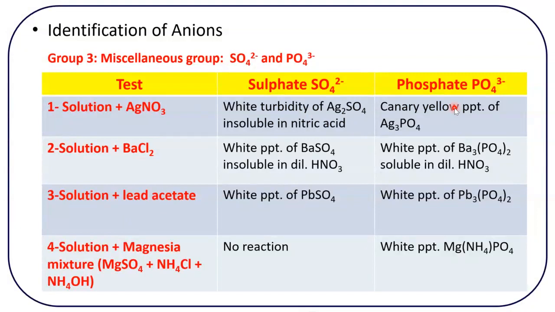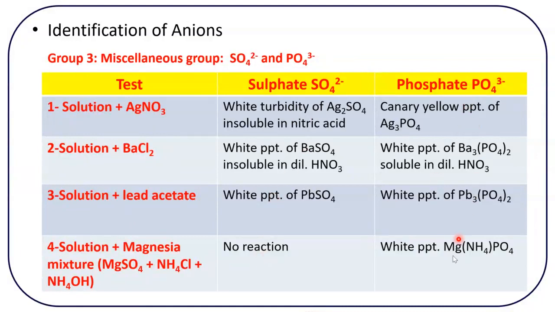The most important test to differentiate phosphate from sulfate is the solution plus magnesium mixture. Magnesium mixture is a reagent formed by mixing 3 components: magnesium sulfate plus ammonium chloride plus ammonium hydroxide. In case of sulfate, nothing happens, there is no reaction.